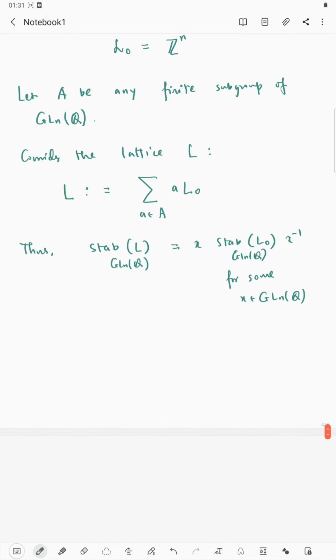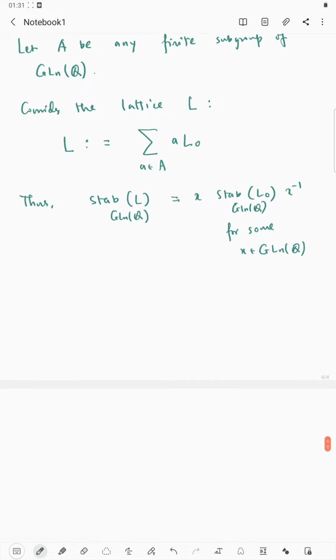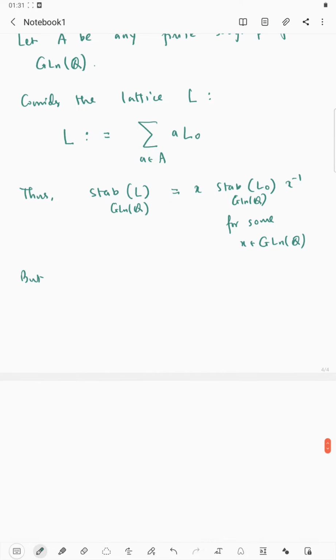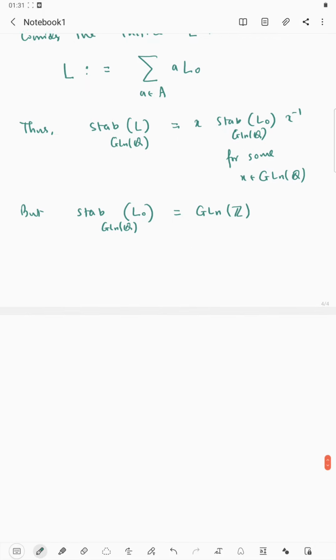Okay. Now if you notice, the stabilizer of L_0 in GL_n(Q) is nothing but GL_n(Z).